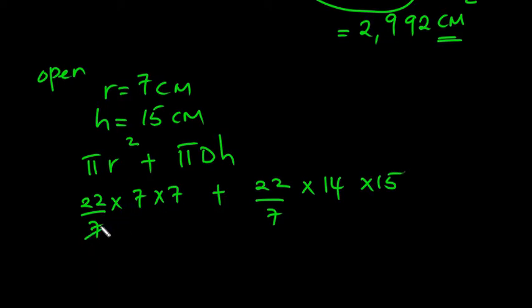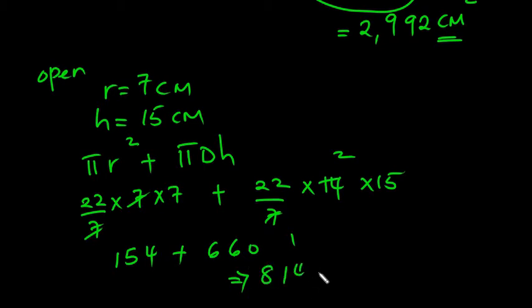The 7s cancel out, and we have 154 plus, 7 into 14 is 2, so we have 44 times 15, which is 660. When you add these, it's going to be 814 square centimeters. So that is the surface area of that cylinder.